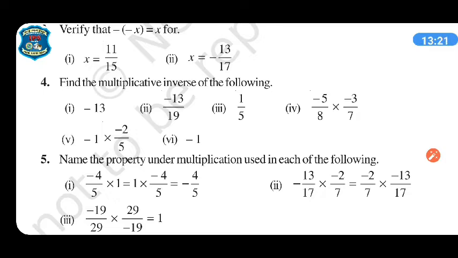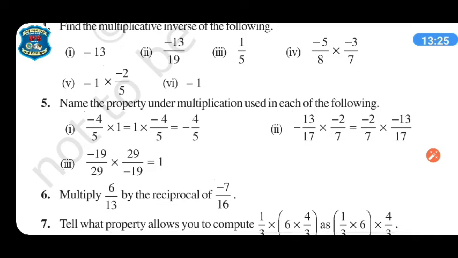Now let us see the question number 5. Name the property under multiplication used in each of the following. First we have to look at the given question very carefully. Then we will find which property is used here. Understood?